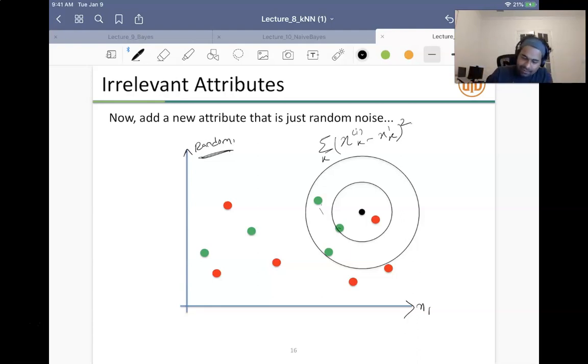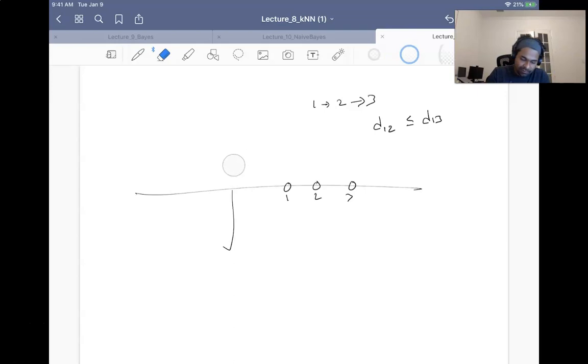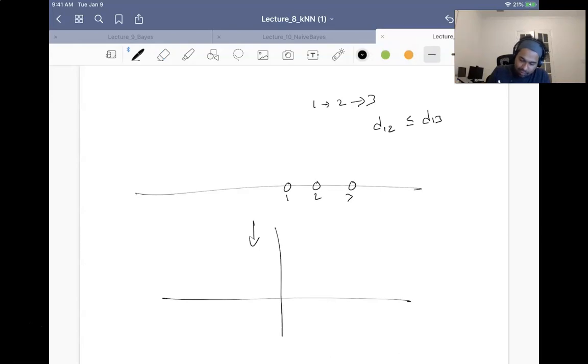Maybe this example is not clear, so I'll make one very simple example with just 3 points. Consider these 3 points, point 1, 2, 3. Point 1 is closer to 2 compared to 3, so the distance between 1 and 2 is less than the distance between 1 and 3. This is in one dimension. Now imagine that I add a random attribute and make this into a two-dimensional plot.